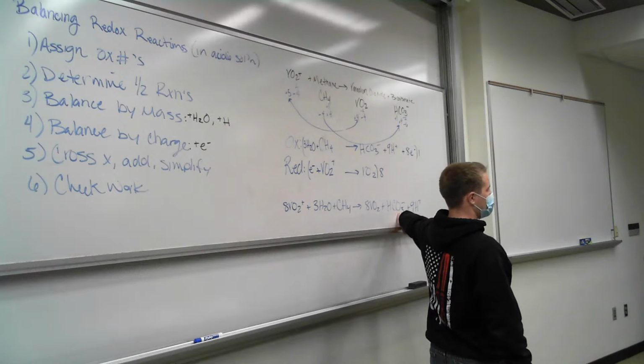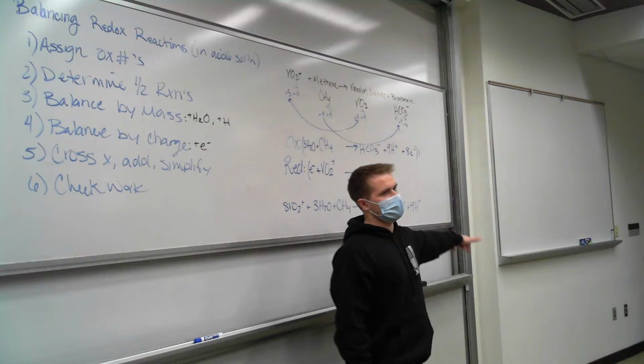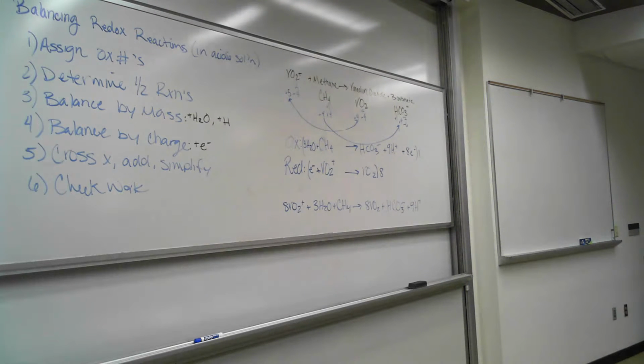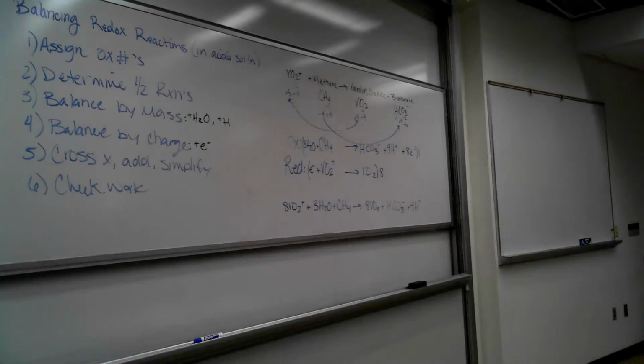The charge of the bicarbonate will be minus 1, plus 9 minus 1 gives us plus 8. We have plus 8 on both sides, so we did it correctly. We checked our work successfully, and we have our final answer for our balanced oxidation reaction in acidic conditions, in acidic solution.